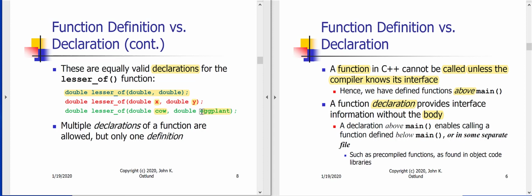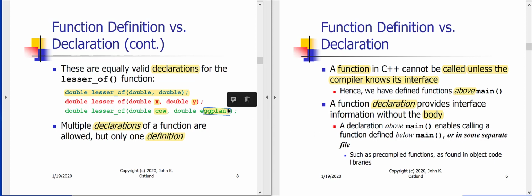All right. The compiler really just doesn't care about the parameter names that you give in a declaration. In fact, you can have multiple declarations of a function, but you're only allowed to have at most one definition of a function, which includes the actual parameter names and the body of code in curly braces.